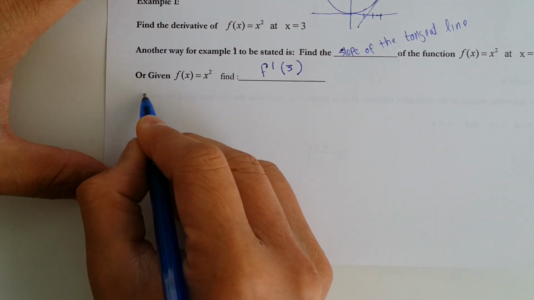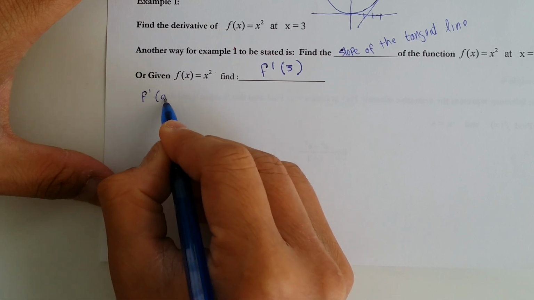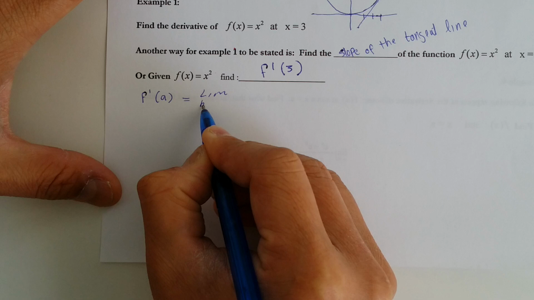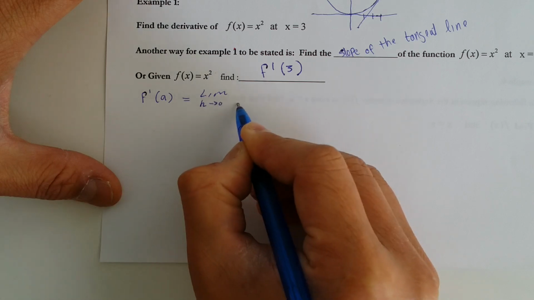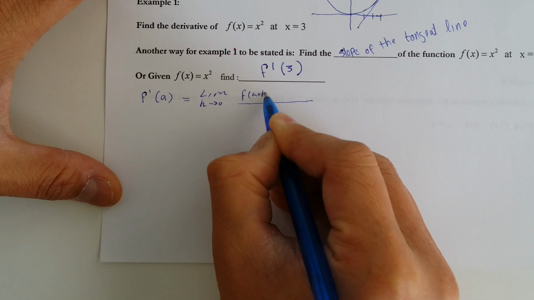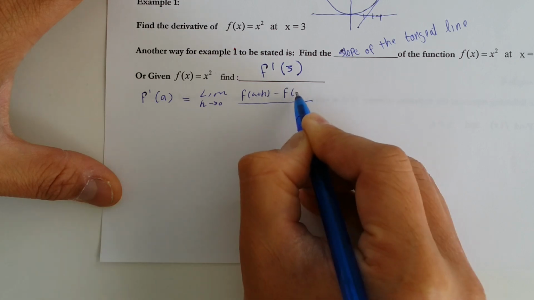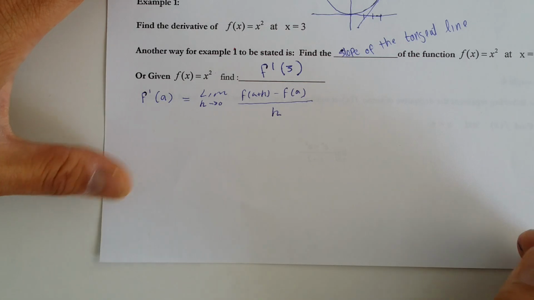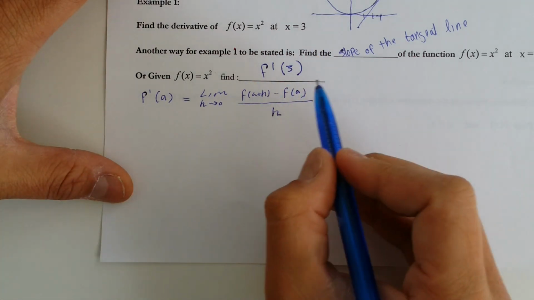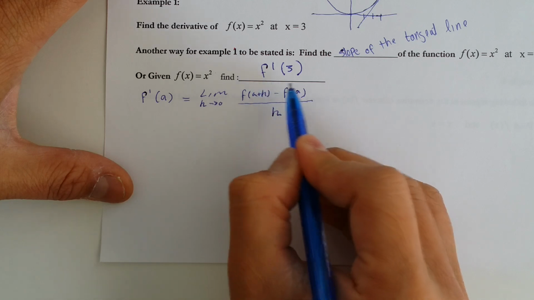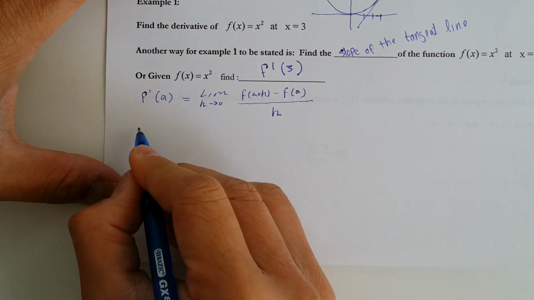I'm going to start with f prime at a is equal to the limit as h approaches 0 of f of a plus h minus f of a over h. Now because they want me to find the derivative at x equals 3, I'm going to start with this symbol because that's what it means.